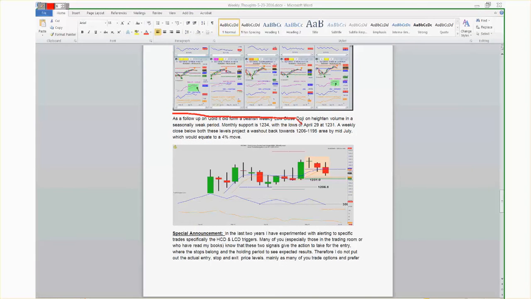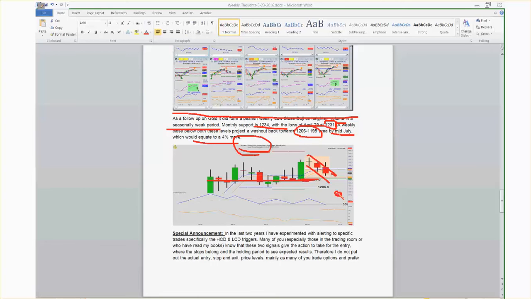But one of the funny things is as a follow-up from last week, by the way, I just want to give you this: a weekly close below the April 29th low, 1231. If we close below this 1231 on GLD, by the way, or gold futures, guess what? I see about another 4% move by mid-July.